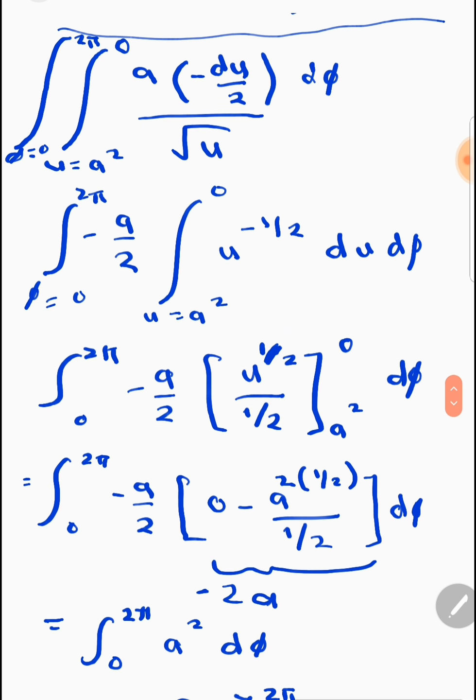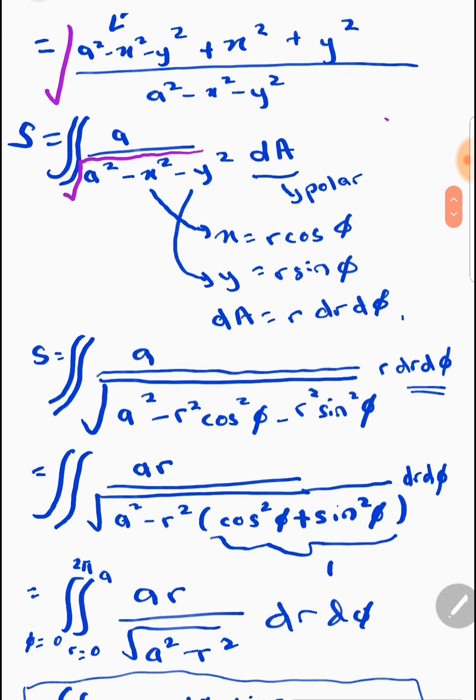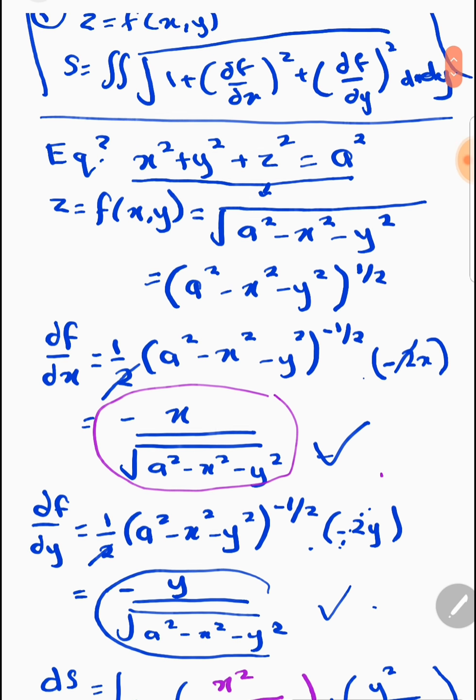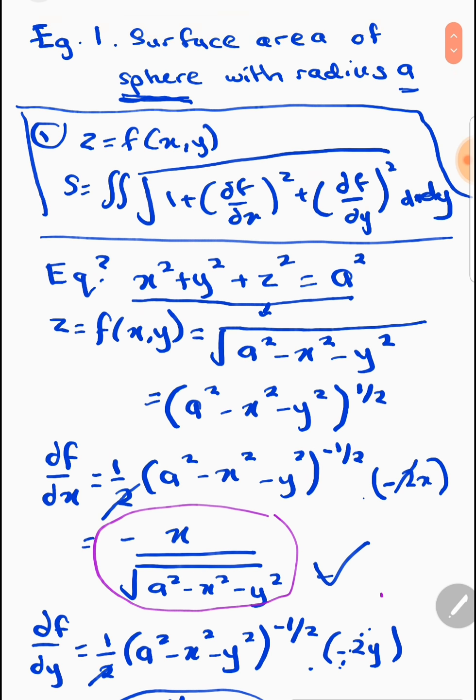So imagine how long the steps are, from wherever we started earlier, based on this surface area of a sphere with radius a. Just like I mentioned, this method 1 is sometimes easier to do with things on the Cartesian plane. So let's explore the same question, but we are going to solve it with parameterization. Then you compare and see which one is actually easier for you.